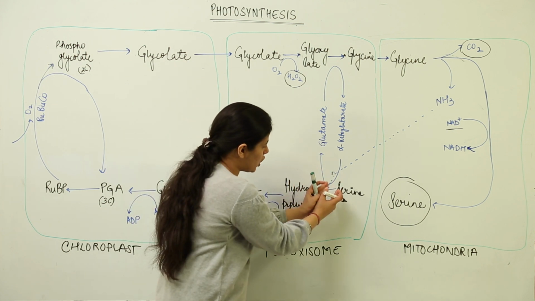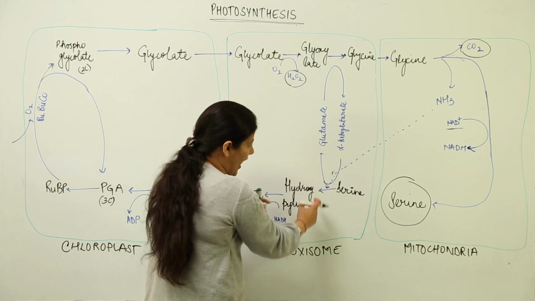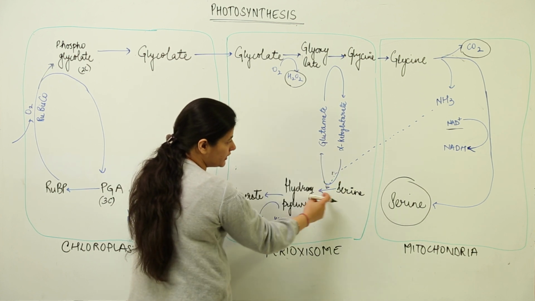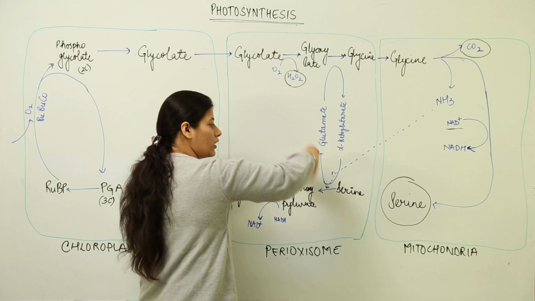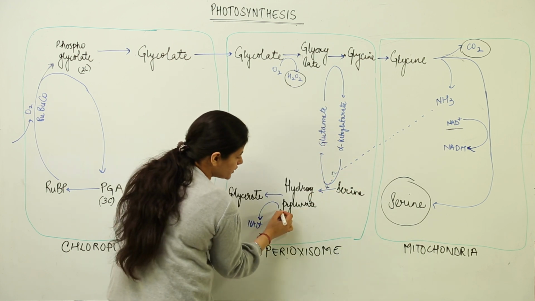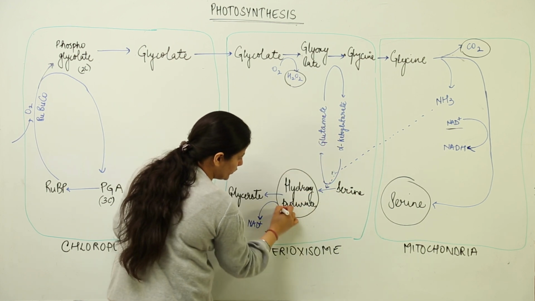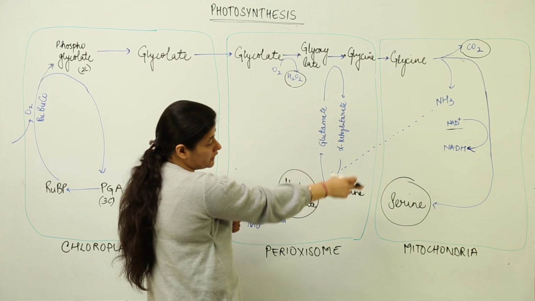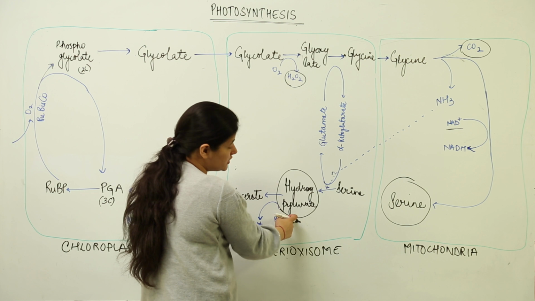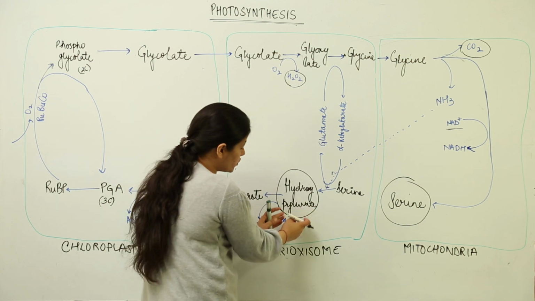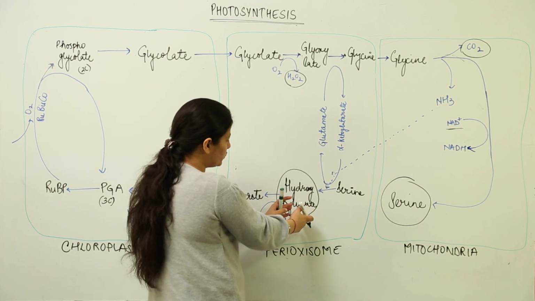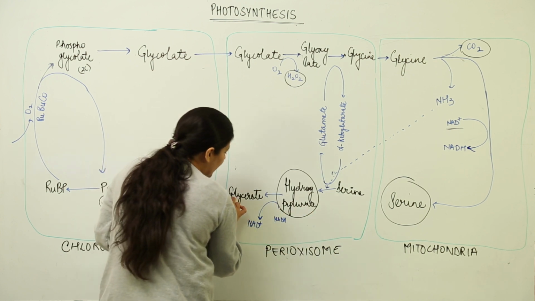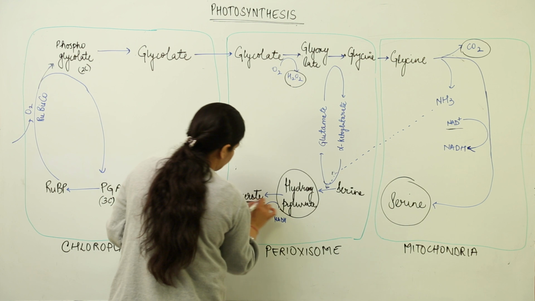This ammonia in combination with serine, and a coupling reaction that is taking place where alpha ketoglutarate is getting converted to glutamate, is going on. This serine gets converted to hydroxypyruvate, because the ammonia from the release of glycine getting converted to serine is being used up in the formation of hydroxypyruvate. Now the next conversion would be that this hydroxypyruvate within the peroxisomes would get converted to glycerate.